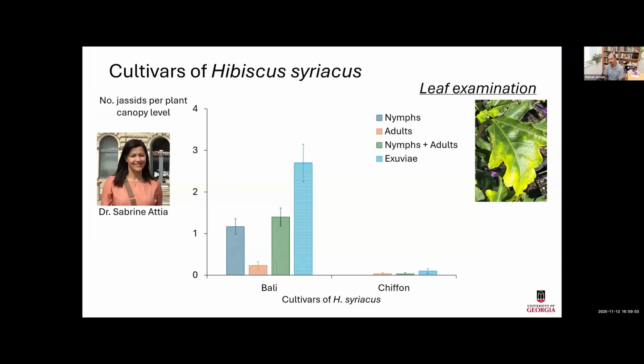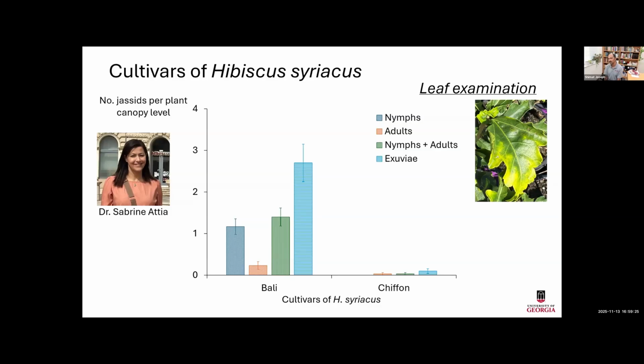So I have a postdoc working in my lab, Dr. Sabrine Attia, and she was doing some surveys to understand what's going on. She did some preliminary studies, surveys, to understand this bug, this new pest in the nurseries. Here we could try to see some varietal difference.